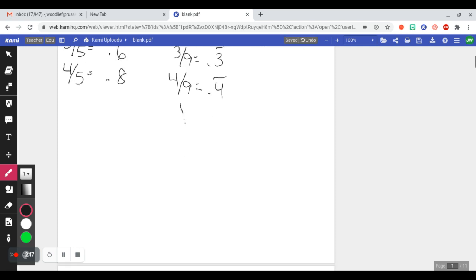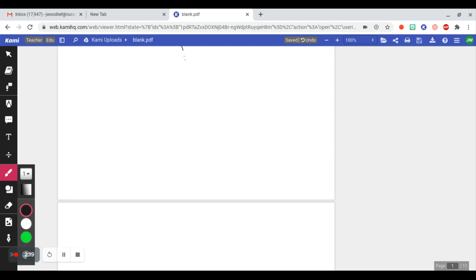Now, let's talk about how to change a fraction that's not one of those to a decimal. So let's say we have 12 over 19. In this case, that's not one that we can reduce down or find from one of the short ones that we know.